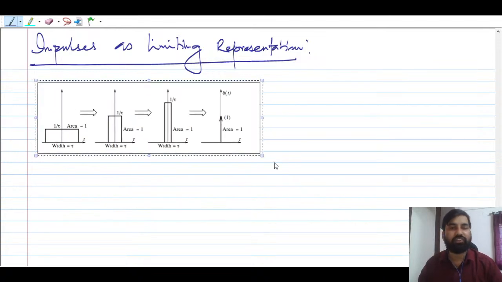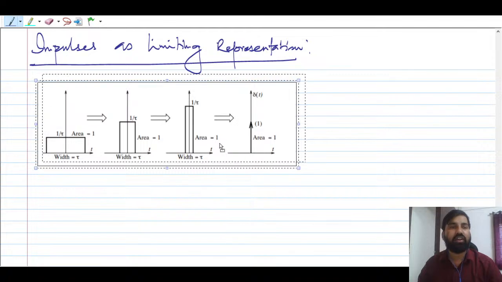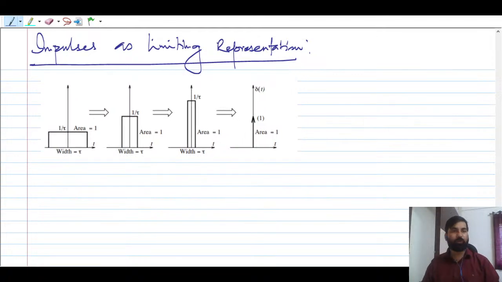Why 1 by tau? You see, follow this arrow. We have considered this rectangular pulse of width tau and height 1 by tau. Why have we taken 1 by tau height? So that the area is 1. So the area under this rectangular pulse is 1.